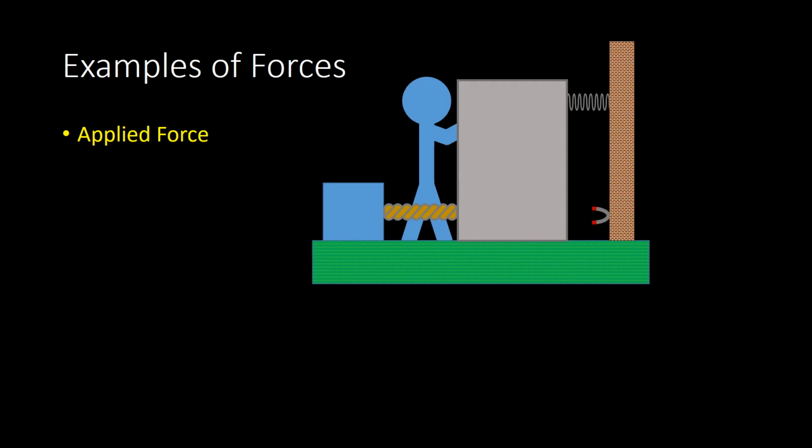And the length of the arrow will talk to us about the strength of the force, and of course, the direction that the arrow is pointing in should line up with the direction in which the force is being applied. So we have here that arrow. We're going to assume we're pushing quite strongly, so we'll draw in a long arrow pushing in the direction towards the wall as we push this box.